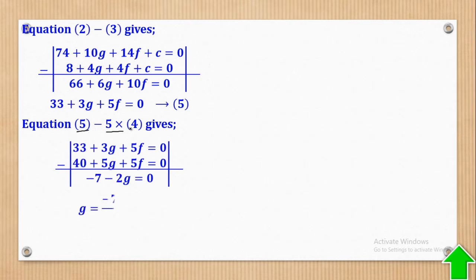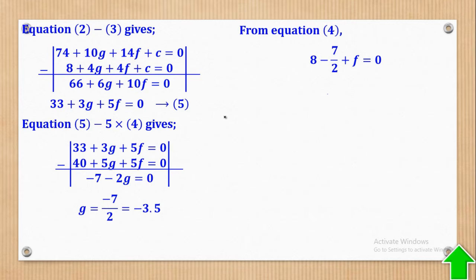So next is to make G the subject, and G will be negative 3.5. Now that I've got G, I can go to equation 4 and substitute for G and be able to get the value of F as negative 0.45.